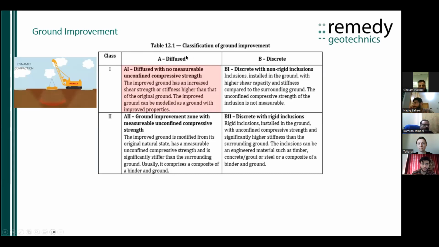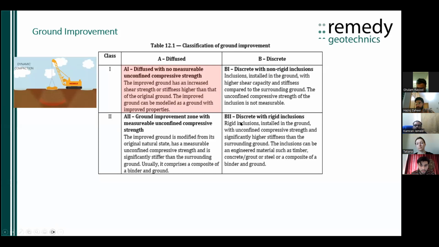Now, diffused means the technique is, well, it's probably easier to describe discrete. A discrete technique is something that is installing something that is, as it says, discrete. So it could be a stone column, which of course is something that is separate from the surrounding ground but put in it.